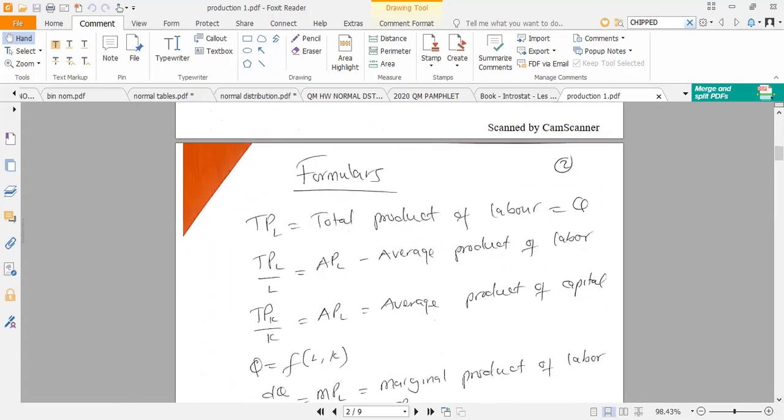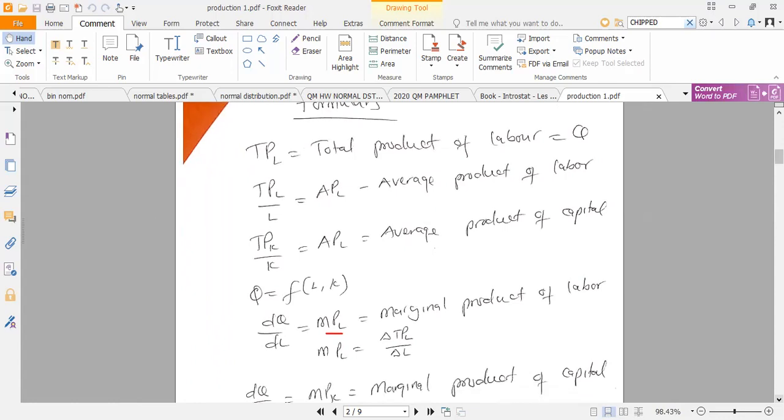Now I want you to familiarize yourselves with the terminologies that we in this course are going to use. What does TPL stand for? TPL stands for the total product of labor. Q is actually the total product.